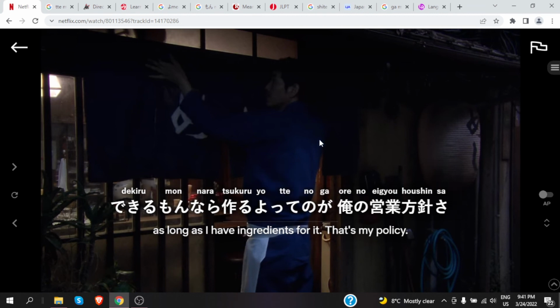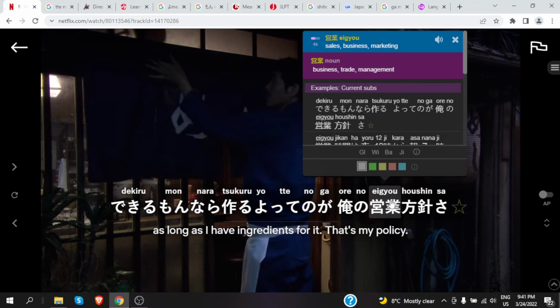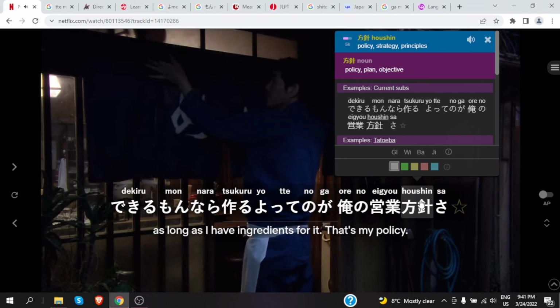Ore no. Ore was I, of. Okay, so this is the possessive. Ore, eigyo. Eigyo, sales, business. So I'm guessing that is his business policy. 方針. Okay, business policy. Okay, 営業方針.